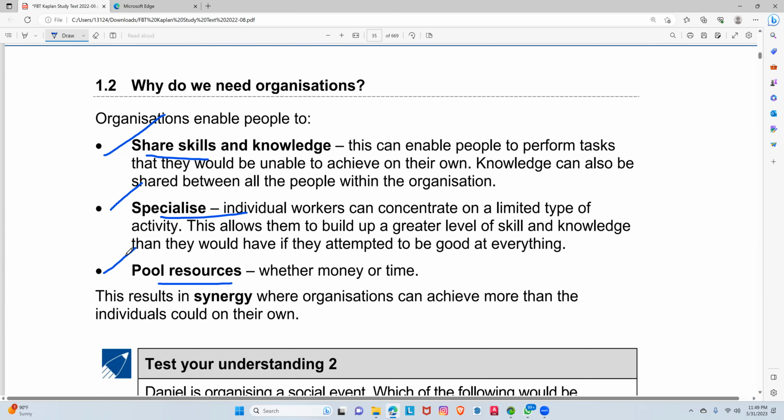I hope everybody knows what synergy is. Chemistry.